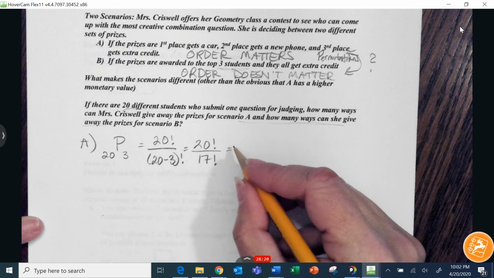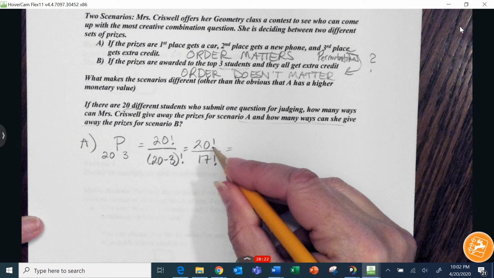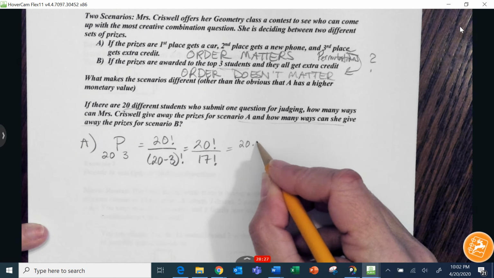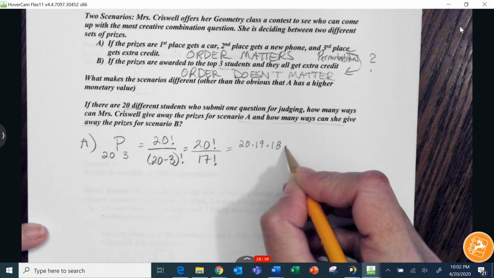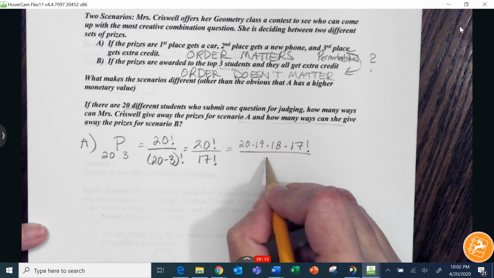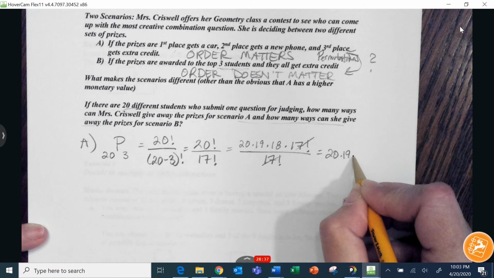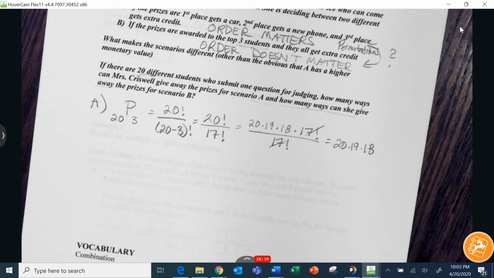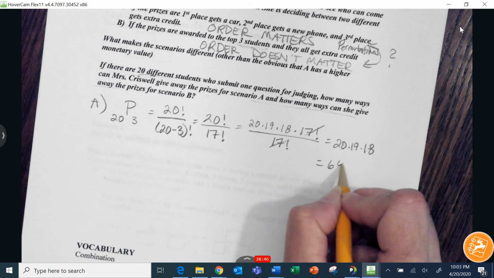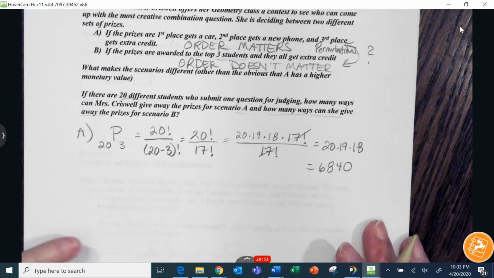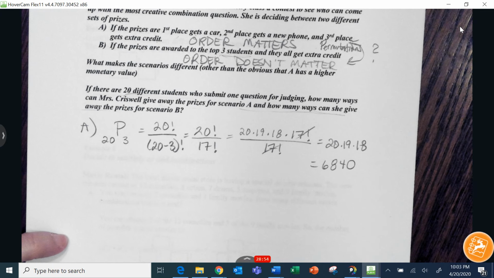I am going to multiply this out by hand because I don't know if your calculator can handle 20 factorial. 20 times 19 times 18 times 17 factorial divided by 17 factorial. These cancel. We get 20 times 19 times 18. And there are 6,840 different ways to order the first, second, and third places.